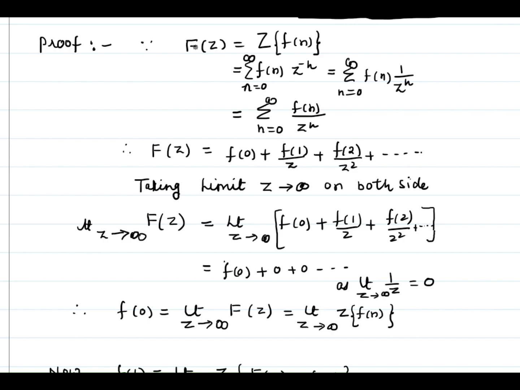For the proof we know F(z) equals z transform of f(n), and this is always by the definition of the z transform: f(n) z to the power minus n, when n varies from 0 to infinity. We can write this as 1 upon z to the power n.